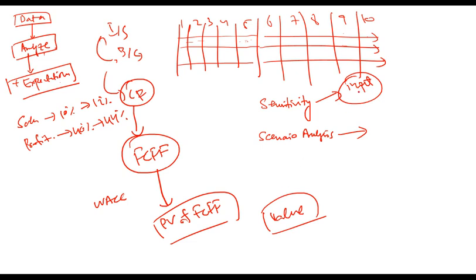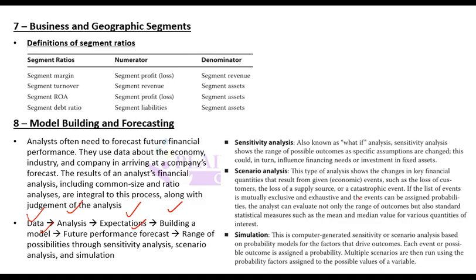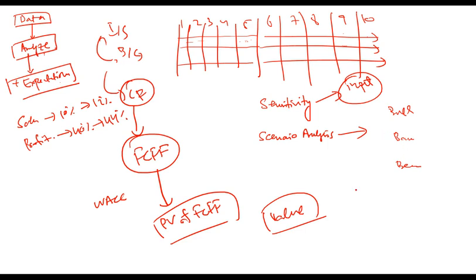So sensitivity tells you how the value will change if one input changes. Scenario analysis tells you how the value will change if more than one input changes. So you can make a base case scenario, a bull case scenario, a bear case scenario, or you can make multiple scenarios, or you can run simulation that we discussed earlier in Monte Carlo.